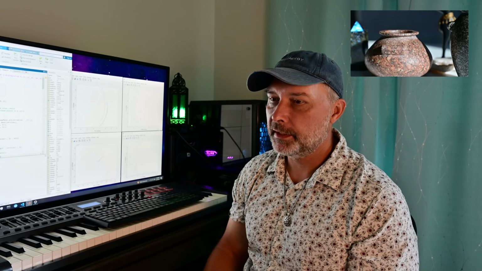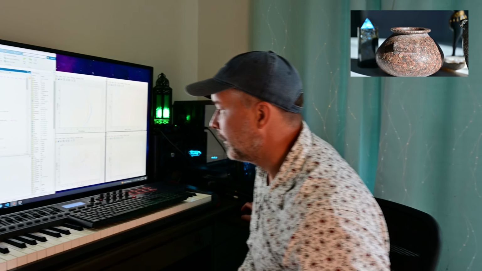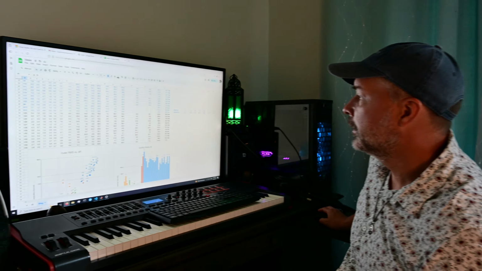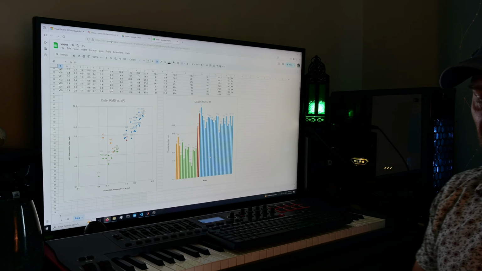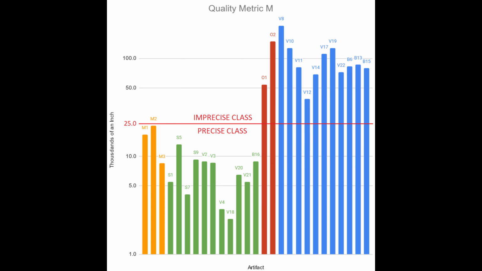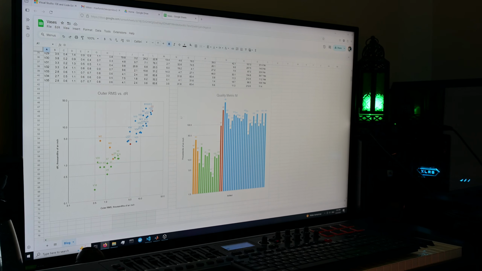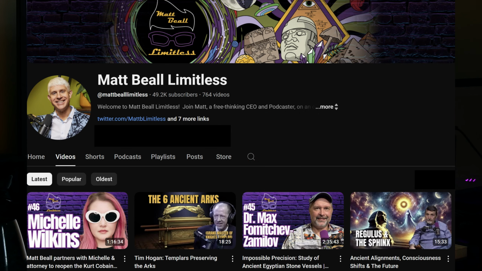And at the end of the day, I get a quality metric that I plot in my Excel spreadsheet, and that spreadsheet allows me to see where a particular artifact I analyze falls on the scale of quality factors. This is the same chart I used in my blog, and the same chart that Matt Beall has illustrated in his Limitless podcast.